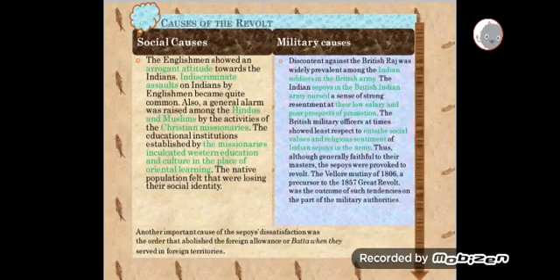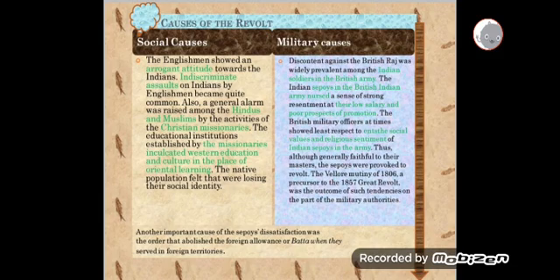Further, the social issue and the military issue. Okay, now we try to understand the social issue and the military issue. First, the English showed an arrogant attitude toward the Indians. Indiscriminate assault on Indians by Englishmen became quite common.